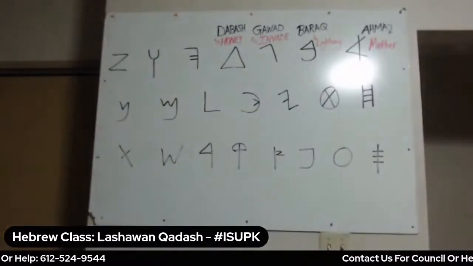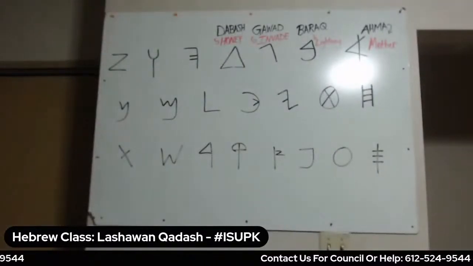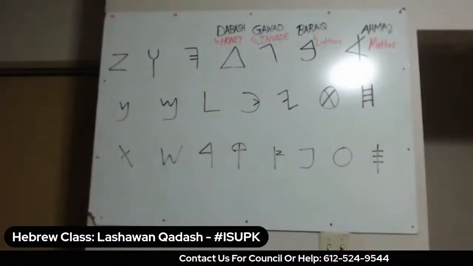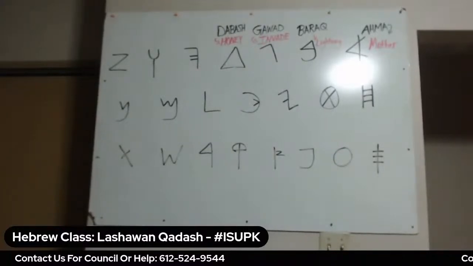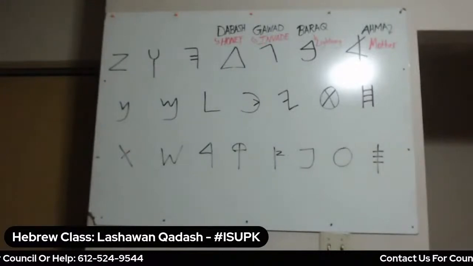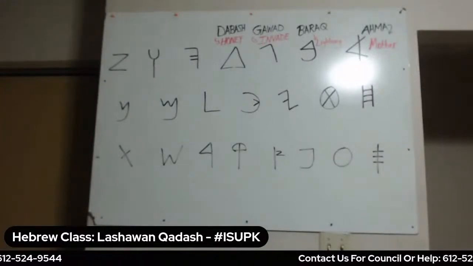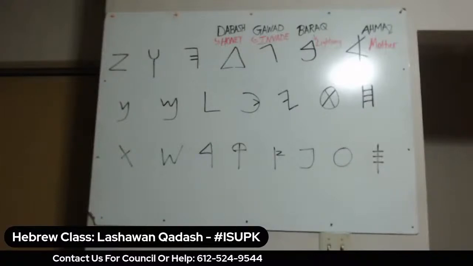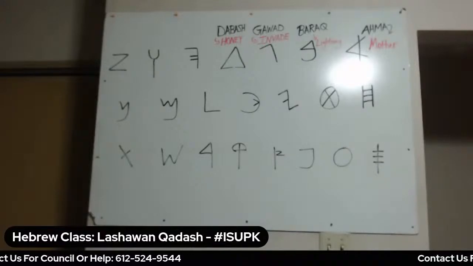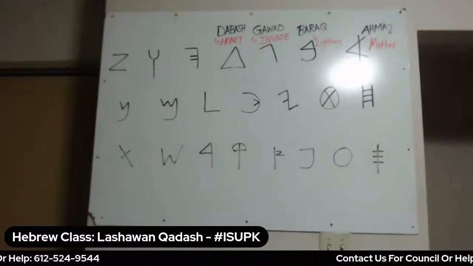Now, with this, I can go ahead and double check the context. Actually, I can check it on my phone. Give me a second. If you ever want to check the context of an actual word, you can go to Blue Letter Bible Dictionary. You can type it in on your phone, on the internet.